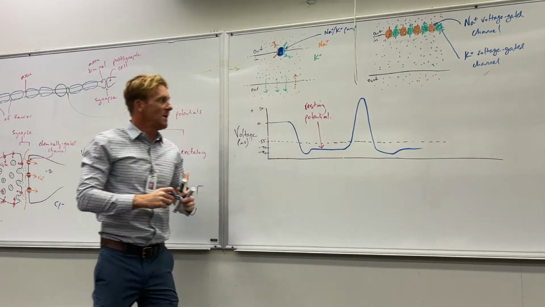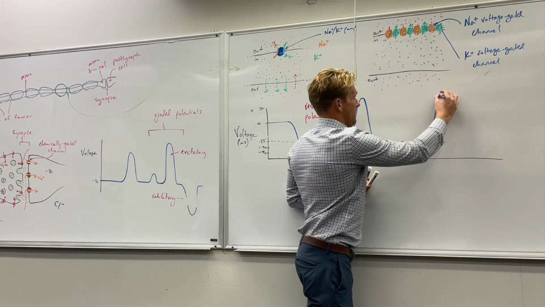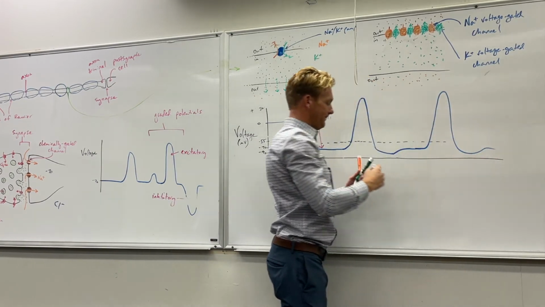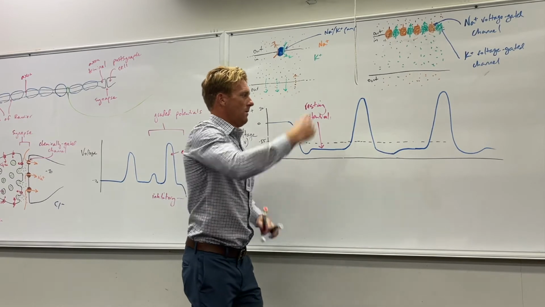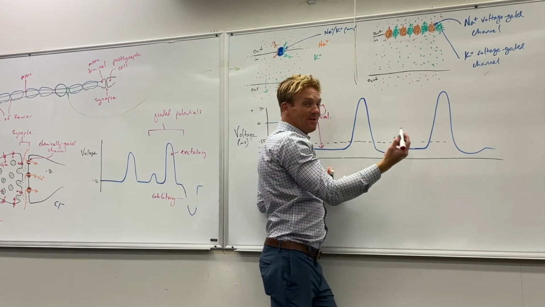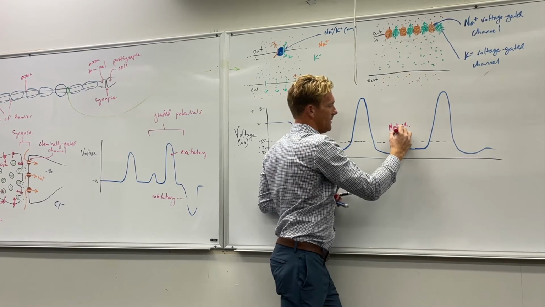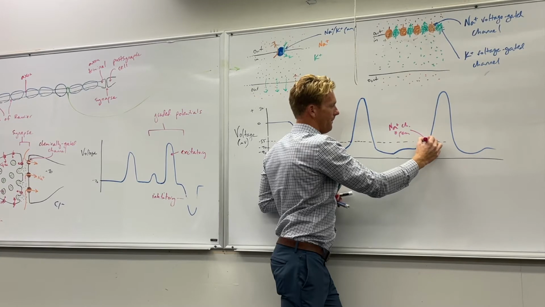Okay. Now, I'm going to draw another action potential real quick so we can review the steps that we just talked about. When the voltage inside the axon reaches negative 55, the sodium channels are the first to open. So sodium channels open.